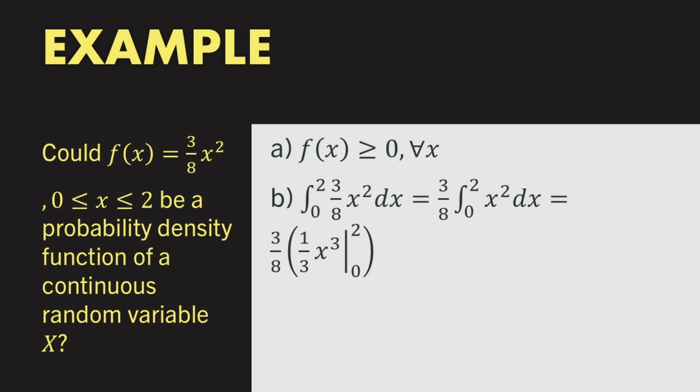So at the end, we are going to be evaluating 3/8 times 1/3 x cubed in 2 and in 0. If we simplify those fractions a little bit more, we get 1 over 8 x cubed, and we need to evaluate that in 2, in 0, and subtract. Then we are going to get 8 over 8 minus 0, and that is 1. So the total area is 1. This function meets the conditions to be a probability density function.